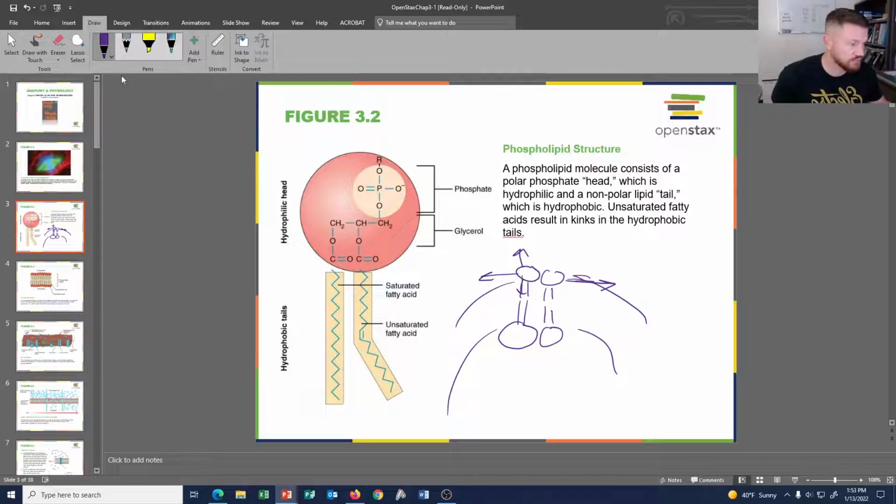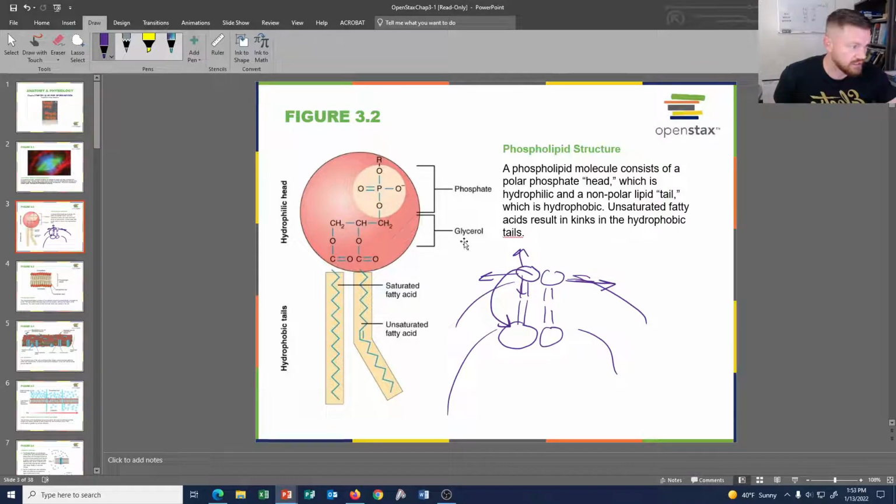This arrow is a little misguided though. What this phospholipid can't do is flip down here. If it flipped down, that would take energy. But they can move in all these directions back and forth, and it's called the fluid mosaic model.